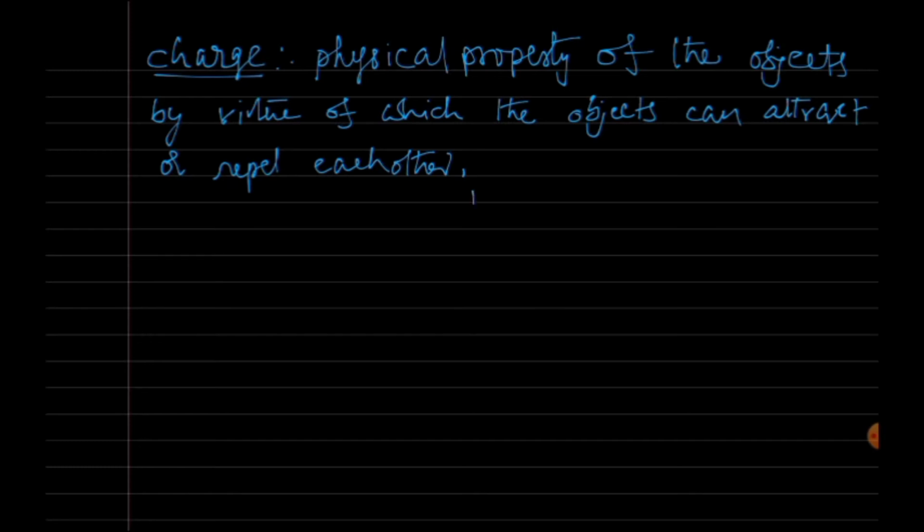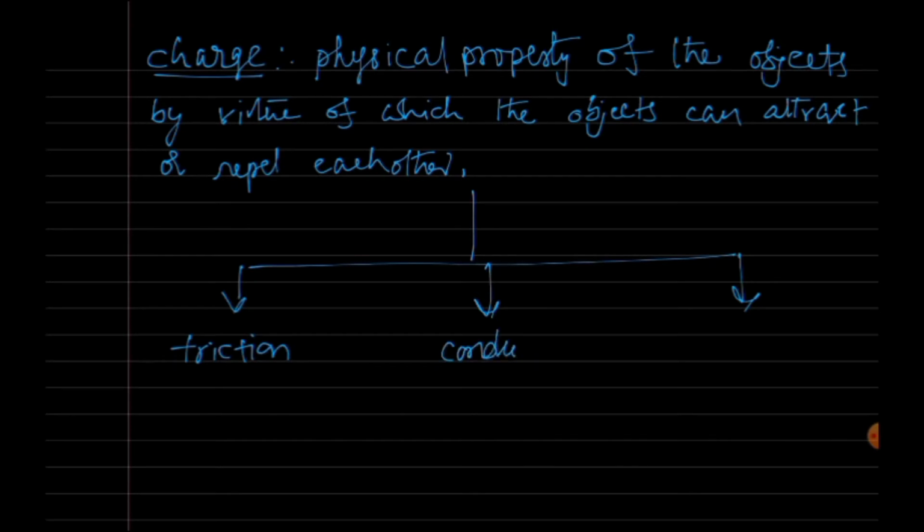Now the question arises is how the charge can be produced. There are several methods in order to produce the charges. The methods are friction method, conduction method, and induction method.